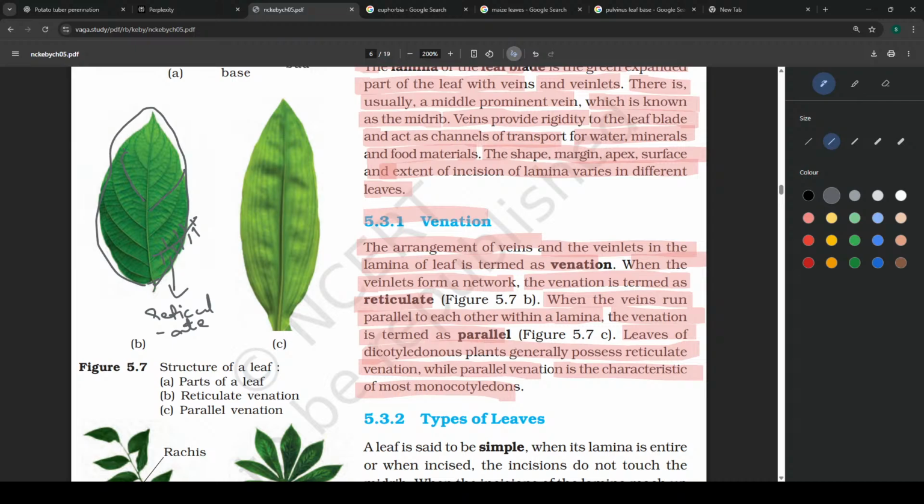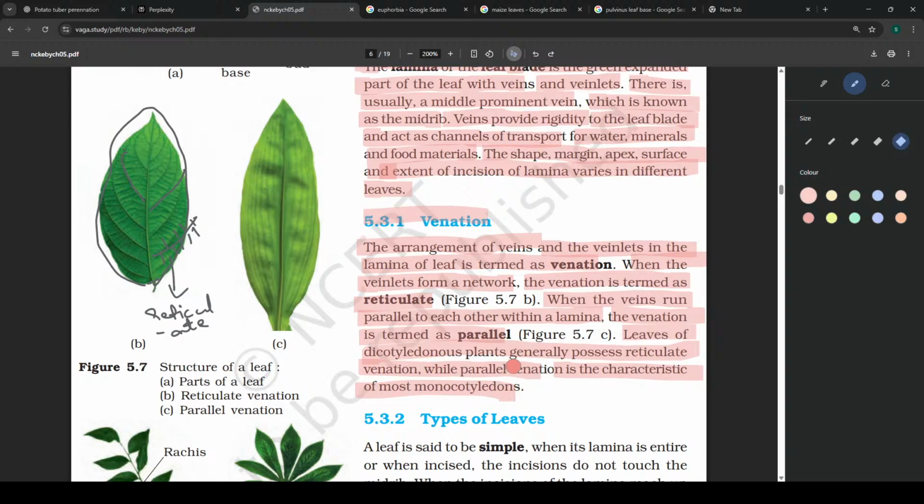In this case, this is a banana leaf. The veins will be parallel to each other like this. It's better to not draw, it's better to observe. Here, if we observe, they will be parallel to each other. This is the structure of a leaf.